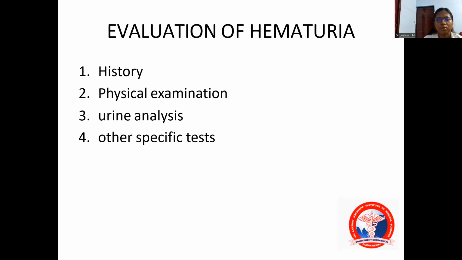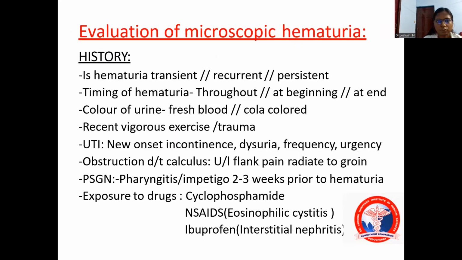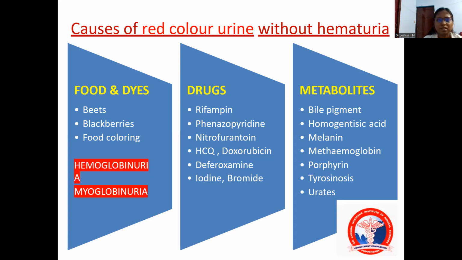How do we evaluate a case of hematuria? For any evaluation, you go with history, examination, then investigations. Before going to history, some causes of red colored urine. Not all red urine is hematuria. If a patient presents with complaints of red urine, you have to diagnose whether it is hematuria or discoloration of the urine.